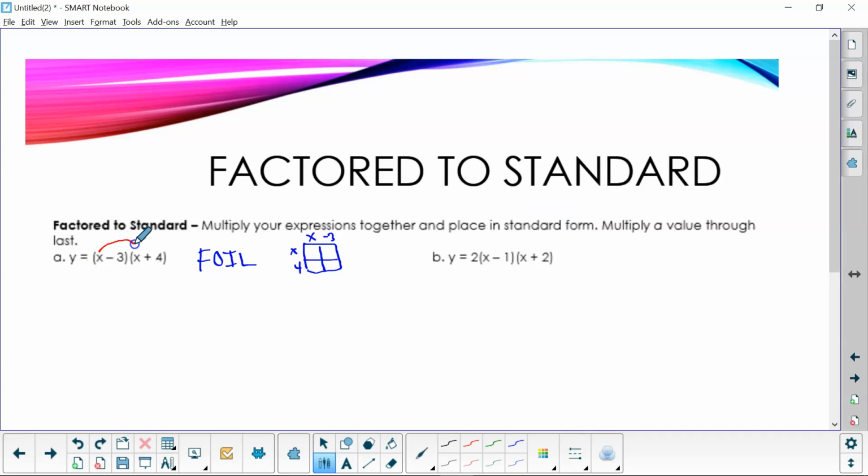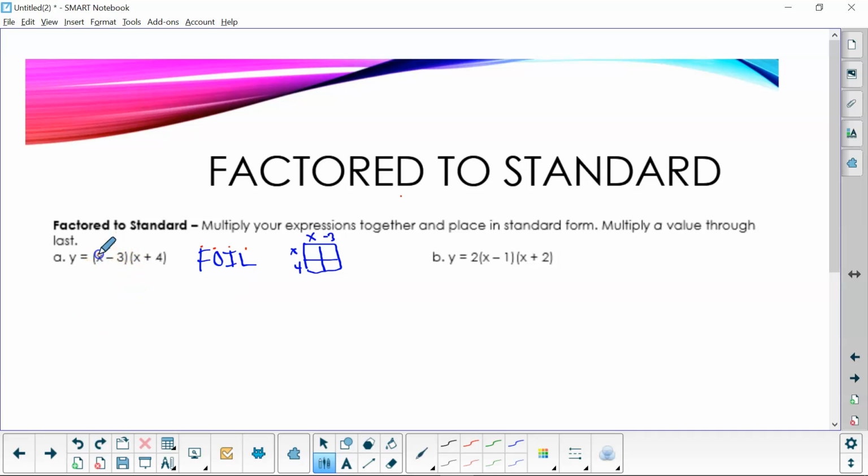We do that by going first times first, outer times outer, inside times inside, and last times last, the last term in this set times the last term in this set. So let's take that one at a time real quick, and I'm going to redraw it as I go. Remember, it's the FOIL method. It's really just distribution.